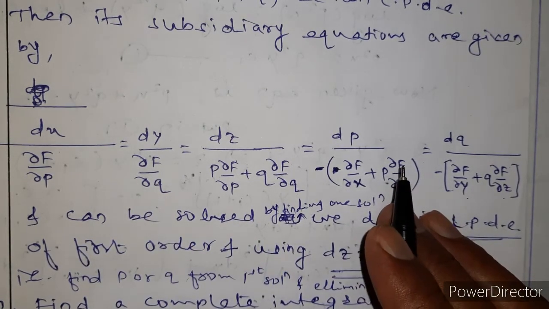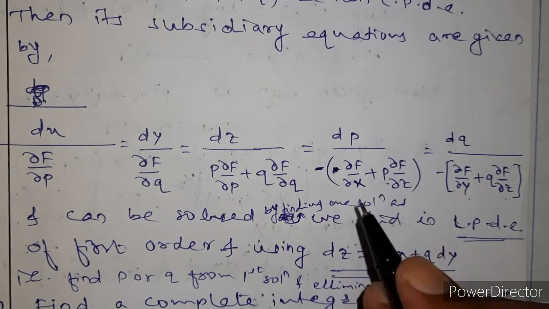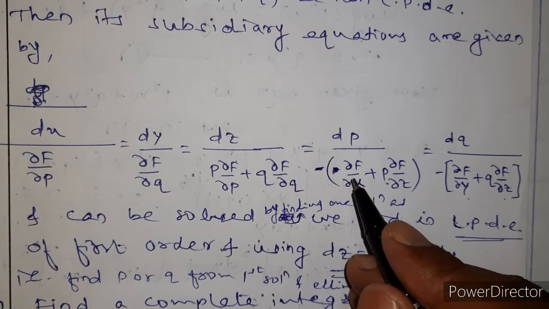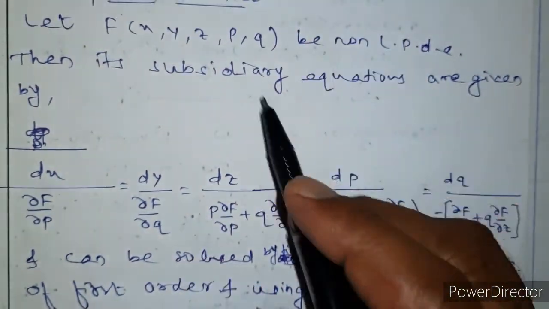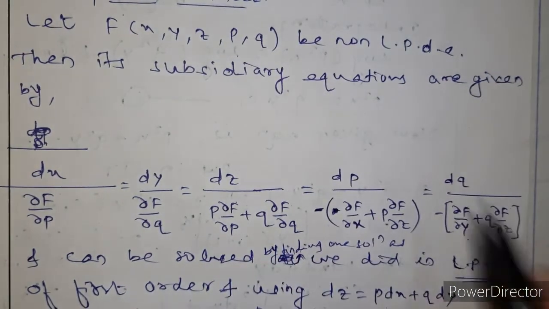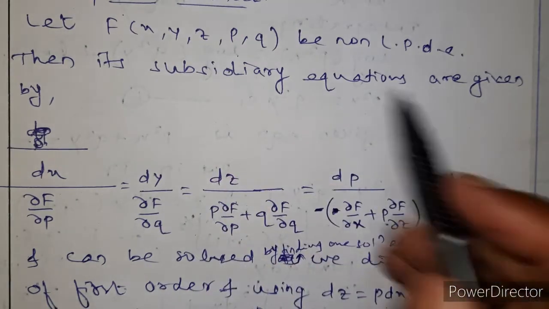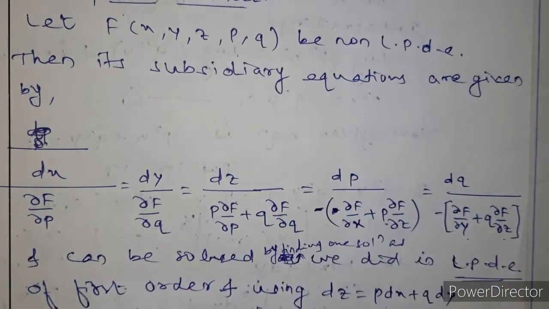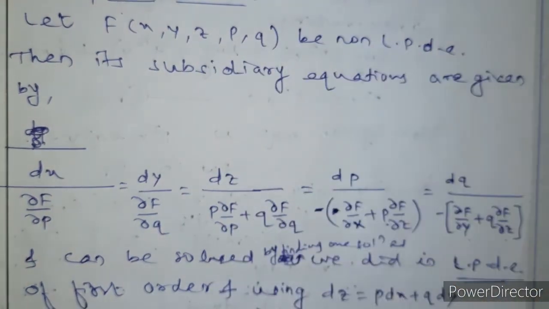But we find one solution, and from that one solution we find the value of p. That value of p we substitute in our given equation, and we will find the value of q. Means to solve this differential equation we have to eliminate only p and q. Always keep in your mind, just we have to eliminate p and q, we get our answer.